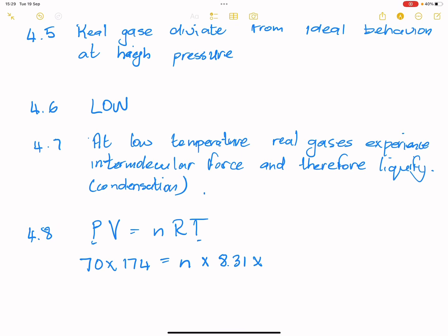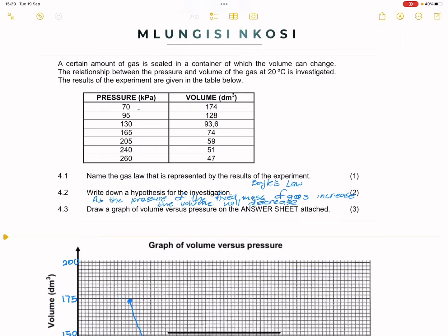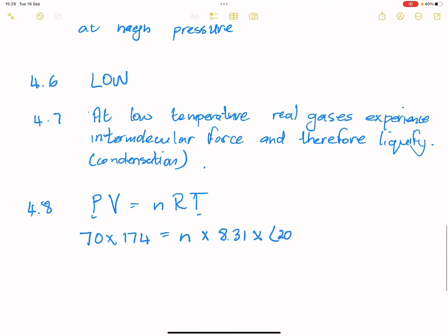Now, please remember, temperature must always be in Kelvin. So we take the degrees Celsius, which was given as 20 degrees, you remember, there at the top, and we simply add 273. Let's find out what our number of moles is. We divide by 8.31 times 293.